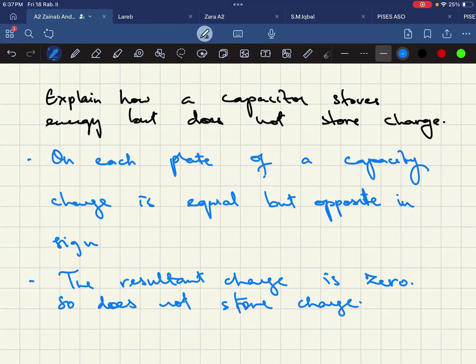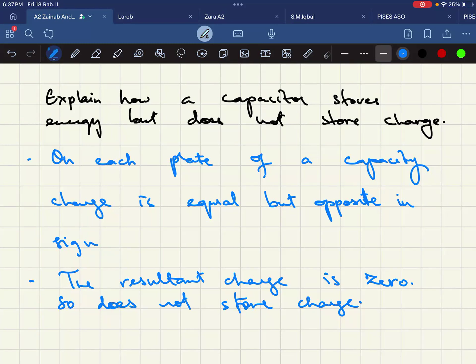Even this zero charge was already there before we connected it to a source. It means the whole capacitor was completely neutral before, and it is neutral after. I'm not talking about each plate, I'm talking about the whole capacitor. So we explained why we cannot say that a capacitor stores charge.